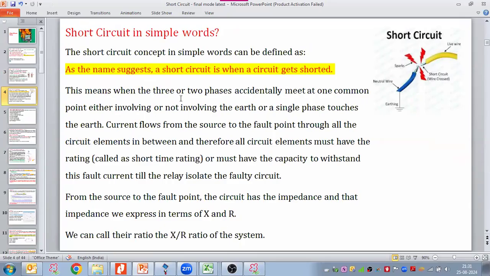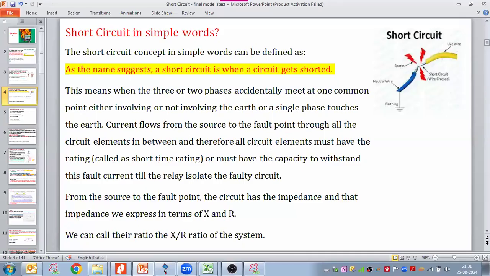This means when three or two phases accidentally meet at one common point, either involving or not involving the earth, or a single phase touches the earth, current flows from the source to the fault point through all the circuit elements in between.